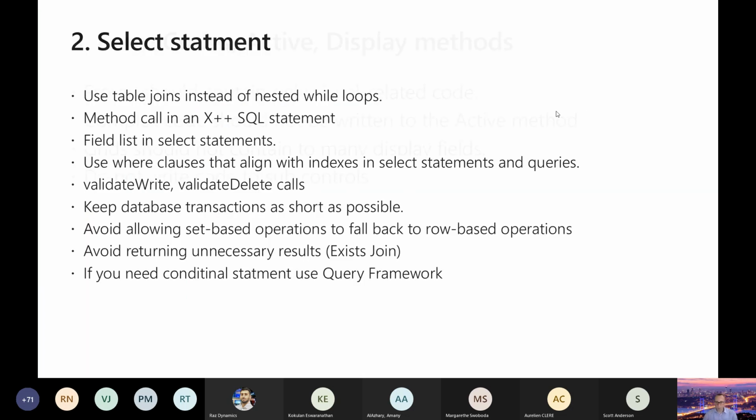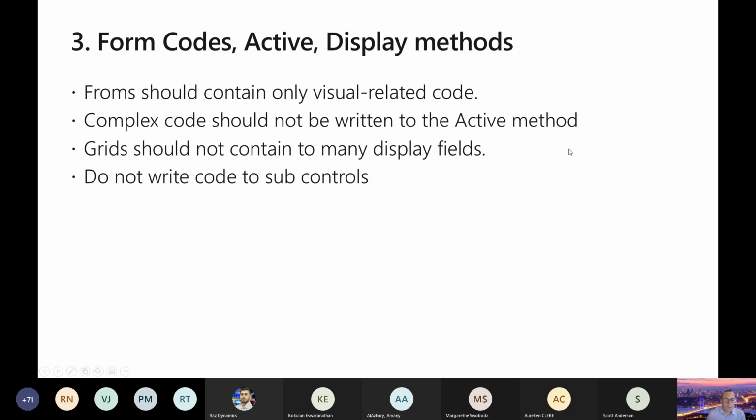Let me go to the other one. Yes, form code, active method, and display method. I'm not sure why, but we like to write code in forms. But forms, especially in old versions, are not good for code. A form should not contain too many methods.